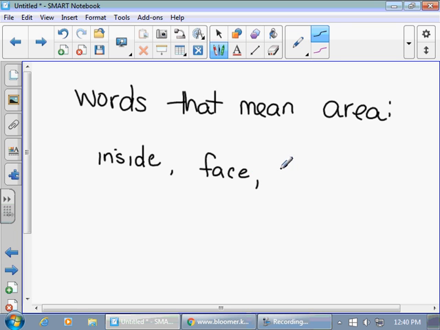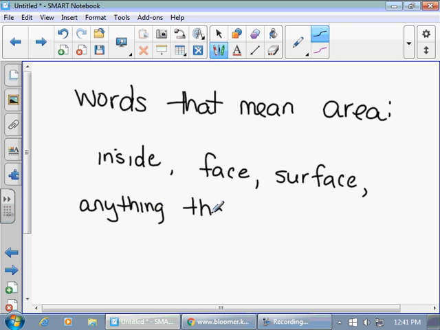And face will come into play when we talk about 3-dimensional objects, so we'll talk a little bit more about that word face. Surface. Anything that covers the entire surface.